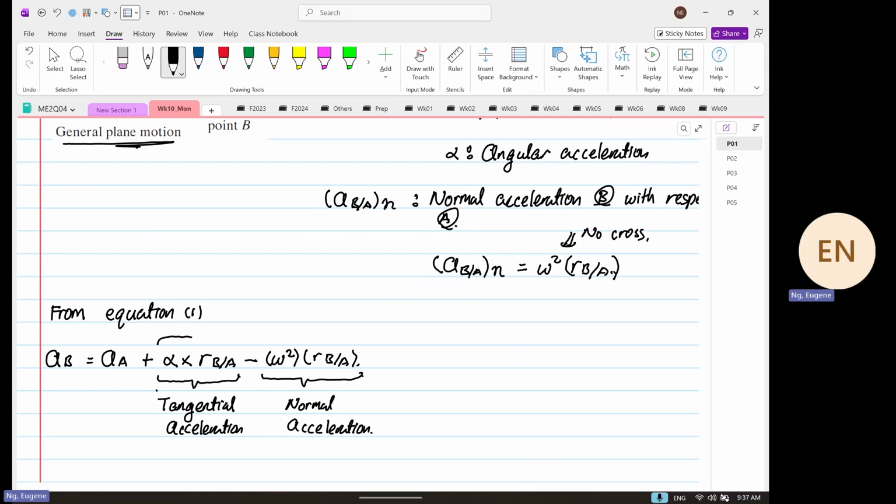So this term over here is point B relative to point A. I'm going to have a diagram for you.